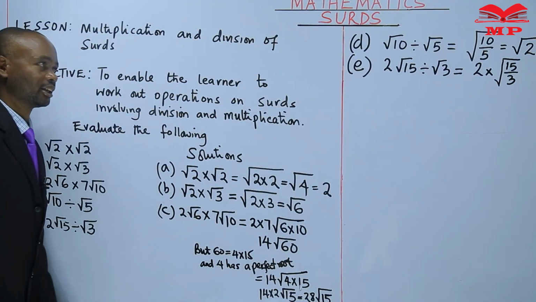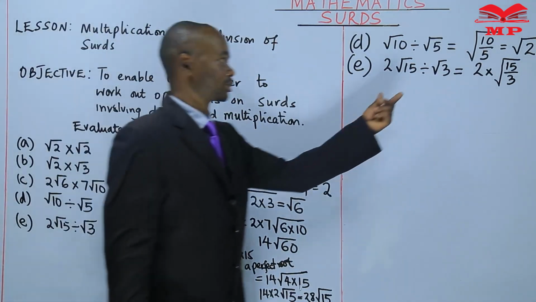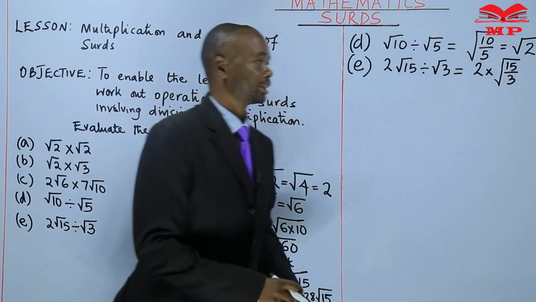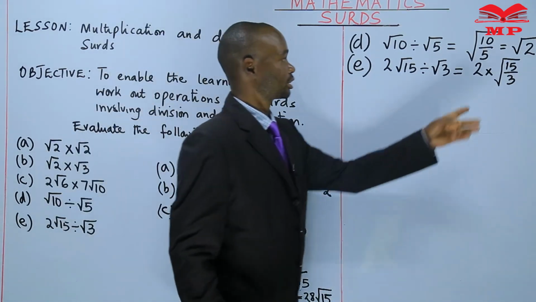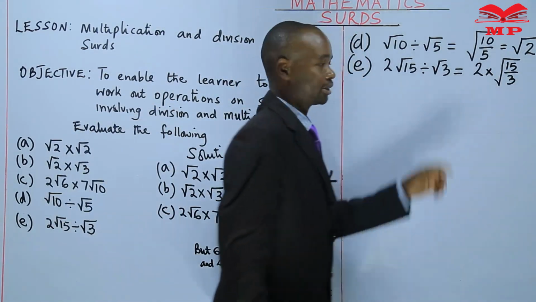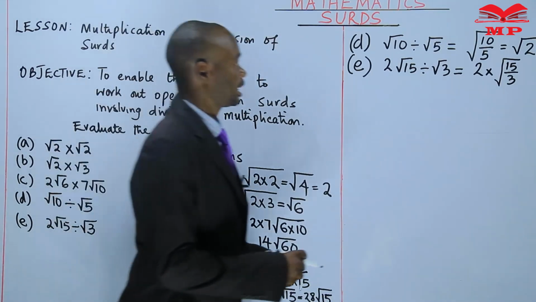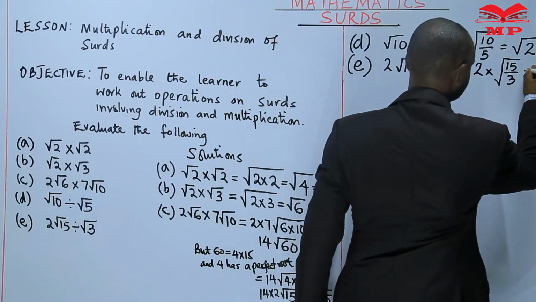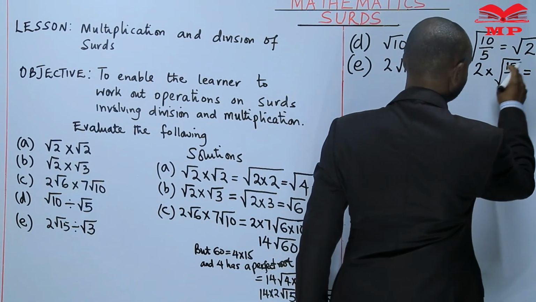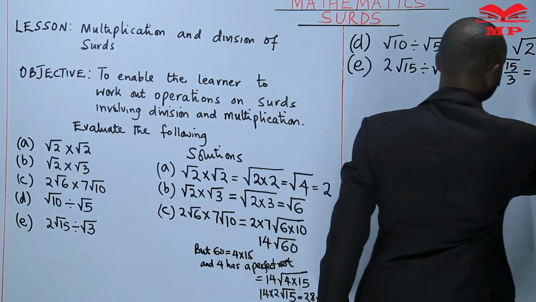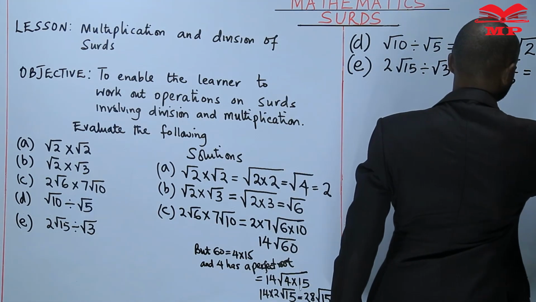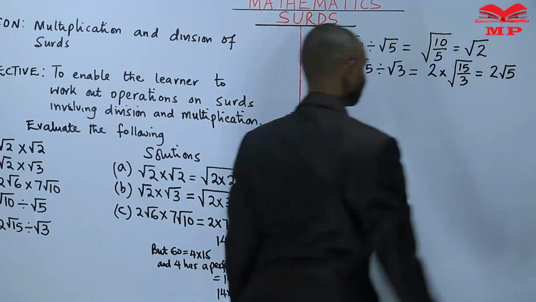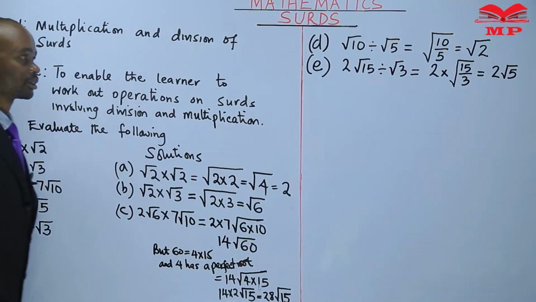So the numbers that had the surd form, the root form, are collected in the bracket over here, meaning it is a division. That works to 15 divided by 3 is 5. So it is 2 root 5. The answer will be 2 root 5.